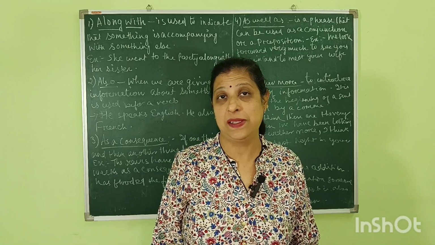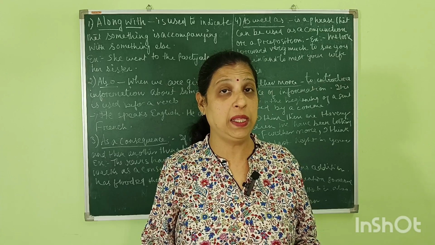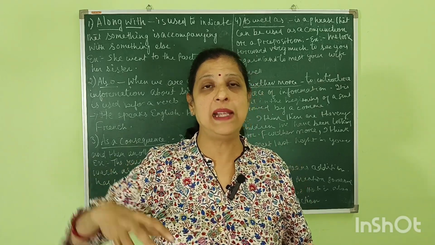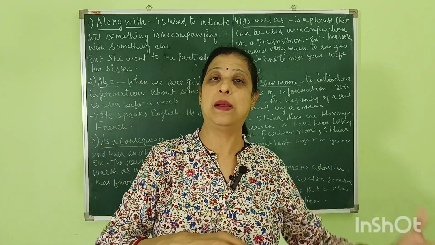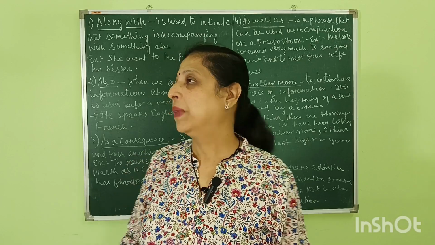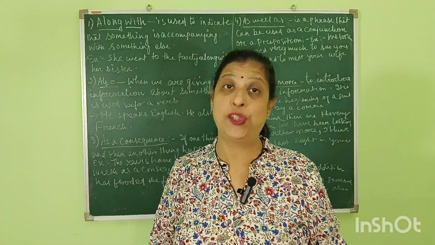And you know more examples. So along with, you can use along with, which means that something is accompanying something else or someone else. Okay, next word we can use: also.